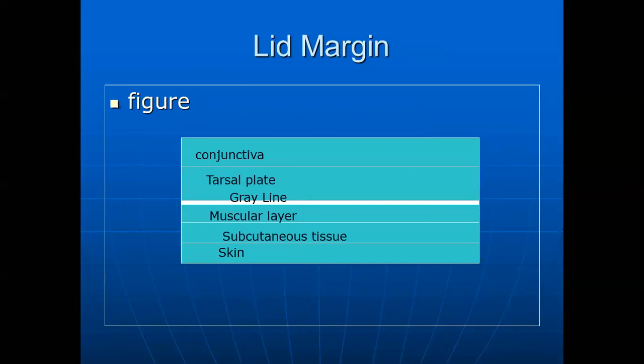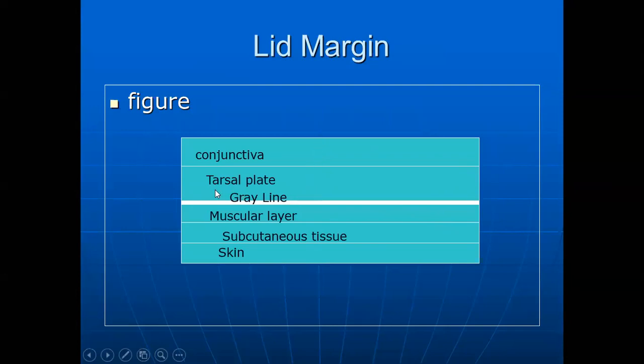Now here is a schematic diagram showing the structures that exist in the anterior lamella and the structures that exist in the posterior lamella. This is the central gray line. If you can see on your screen, this gray line divides the whole eyelid into two lamellae, the anterior and the posterior.